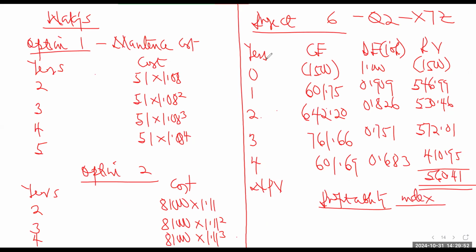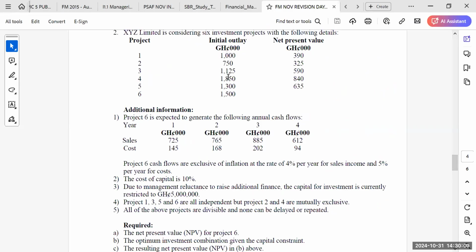No, because the money that you are going to be using on each project is not the same, and their useful lives are also not the same. So you cannot say you are selecting project 4 because it's giving you 840.